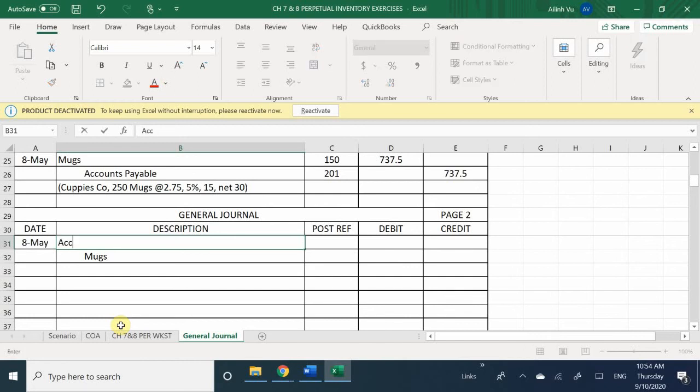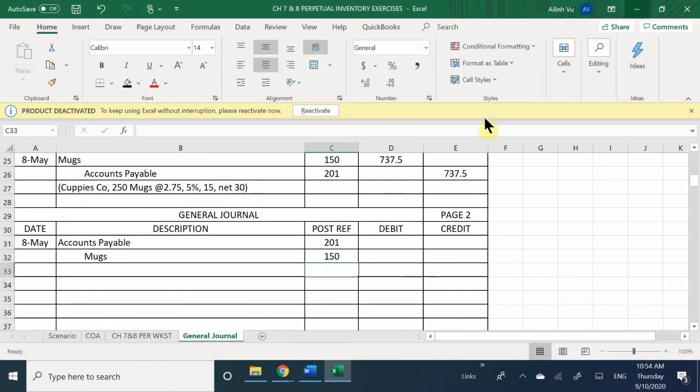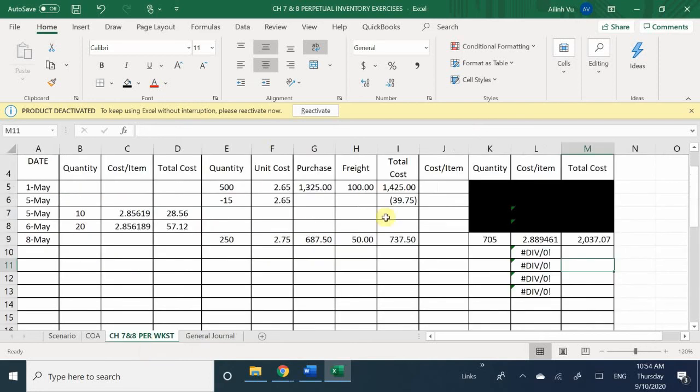Decreasing. So accounts payable, and we know that this is 201 and 150. Now let's go back to our inventory worksheet and solve for this discount. So on May 8th, we're not returning anything, but how much is it still going to cost us? How much did we originally purchase these items for?